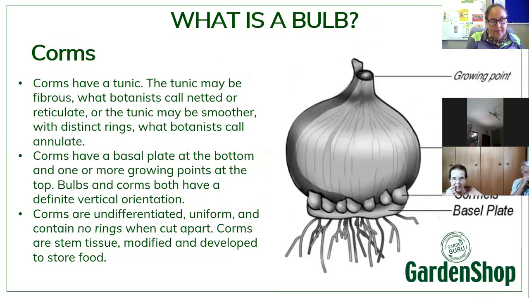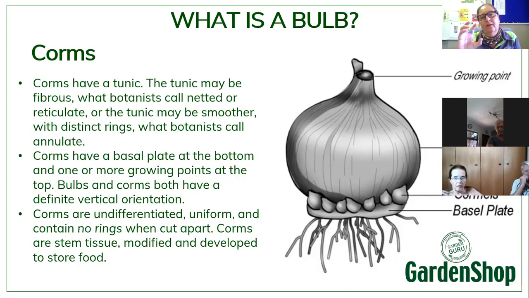Now, the next one that we can think of is corms. Corms would be something like gladiolus bulbs. All corms usually have a tunic, or coat, and that coat can be netted or it can be more solid. It is a smoother surface, and it doesn't have those distinct rings like an onion when you cut the onion through.